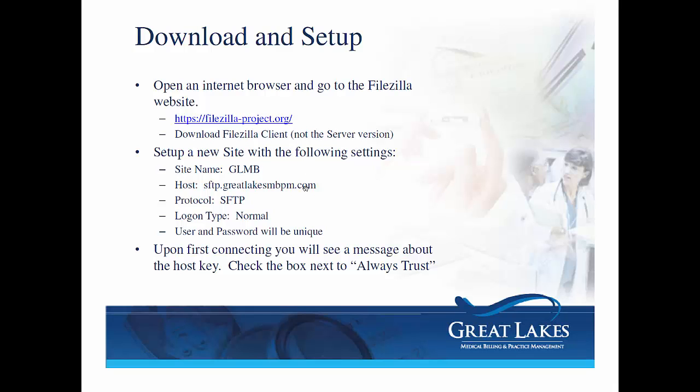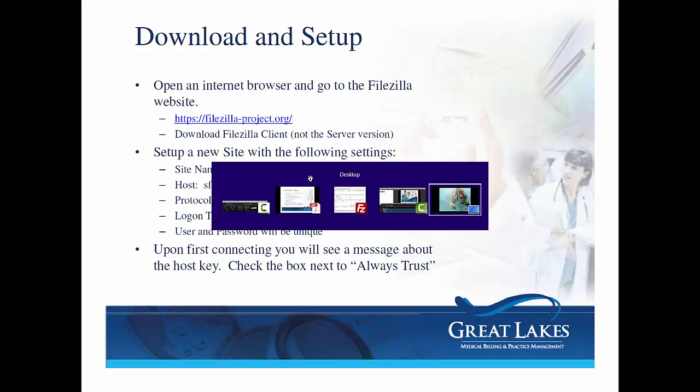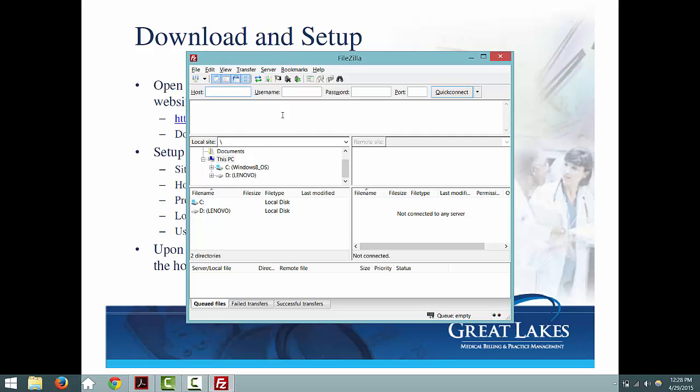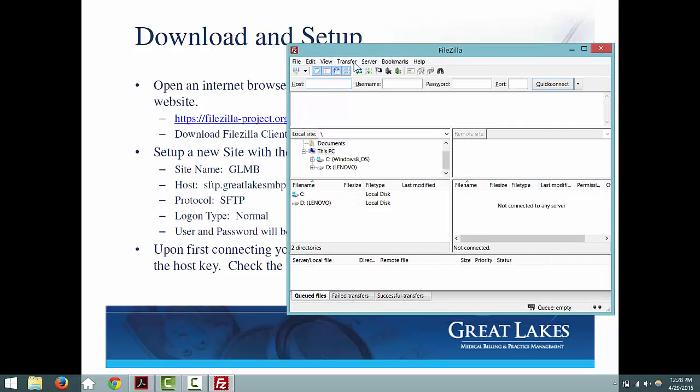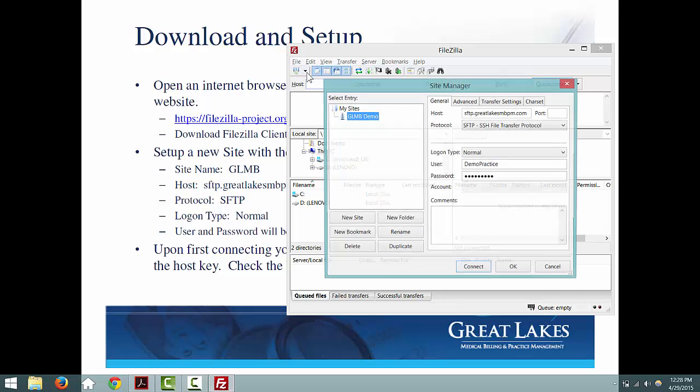Once you have downloaded it, we're going to set up a new site for GLMB, and what I'll do now is just jump over. So here's what Filezilla looks like when you've basically downloaded and installed it. To set up a new site, we're basically just going to go to the file site manager.